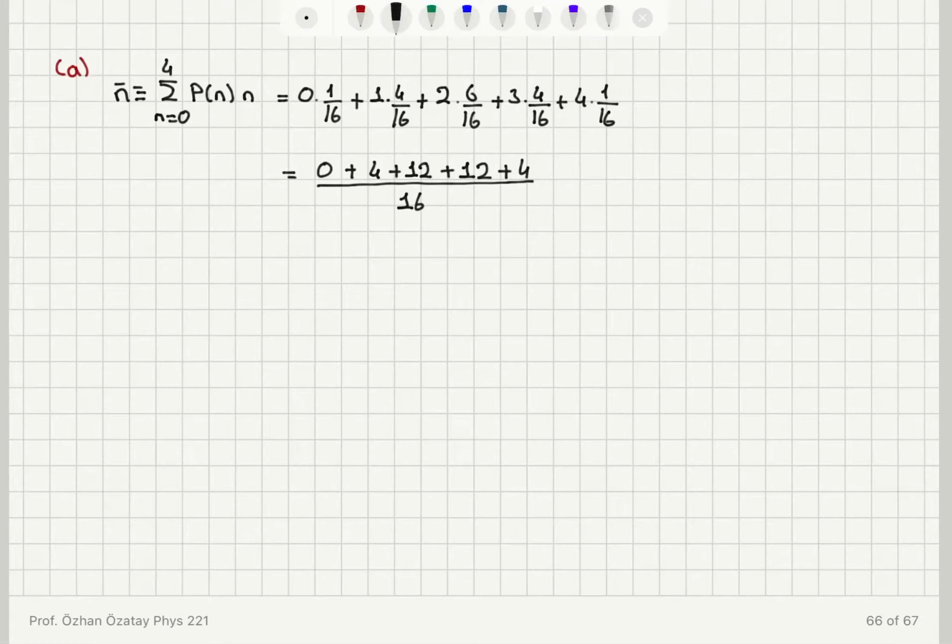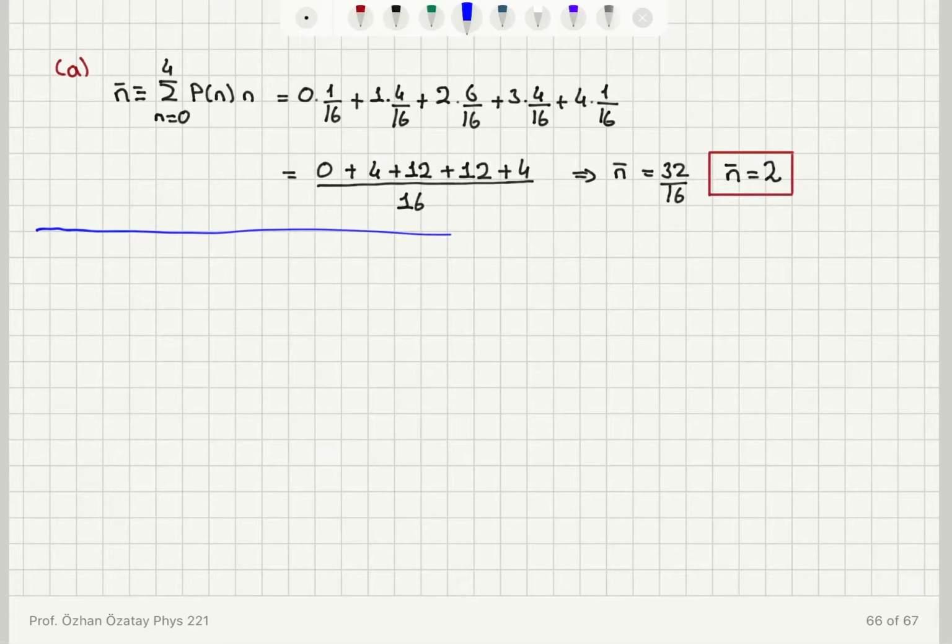So I will end up getting here for n bar, therefore n bar is equal to 12 plus 12, 24, 28, 32 divided by 16. Therefore my answer to this question is n bar must be equal to 2. The average value of the number of up spins, or the ensemble average, must be equal to 2.